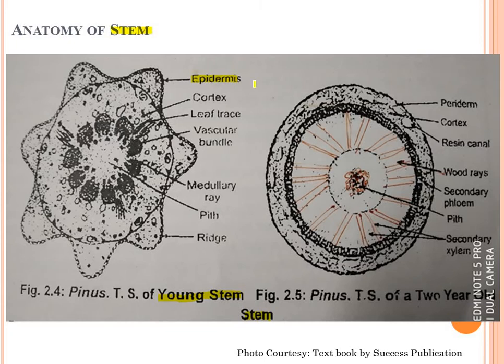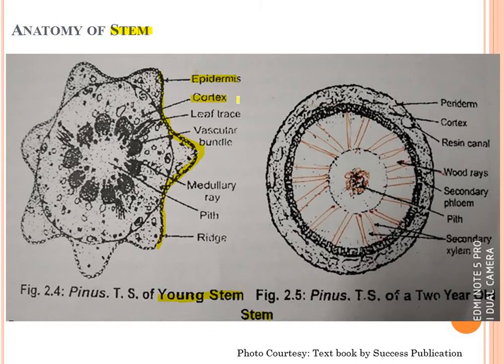Young stem is covered by a single layered epidermis. See, epidermis is made up of epidermal cells, and the young stem is covered with epidermis. Then it is followed by cortex. Cortex is actually made up of parenchyma cells.